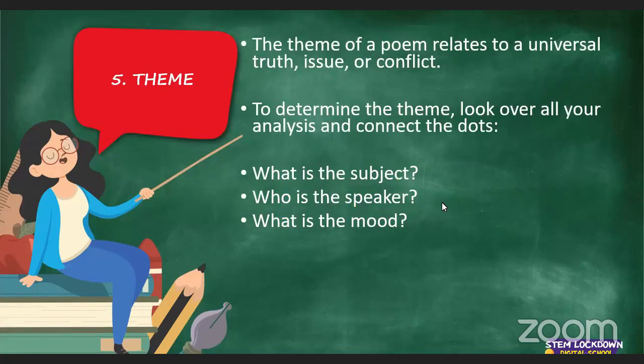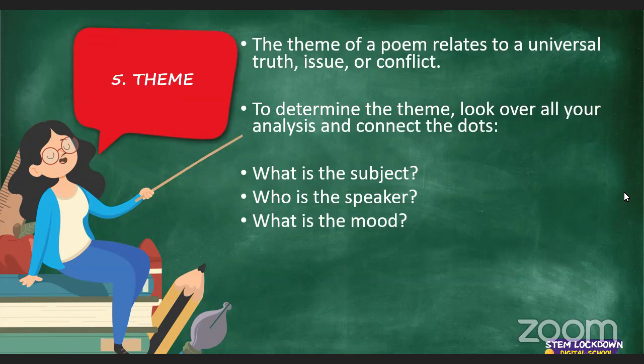All right. So we spoke about the theme as well, that the theme of the poem relates to a universal truth, issue, or conflict. And to determine the theme, you need to look at your overall analysis. So everything that you've just identified from your poem, and then you connect those dots, and then you find your theme there. Okay.